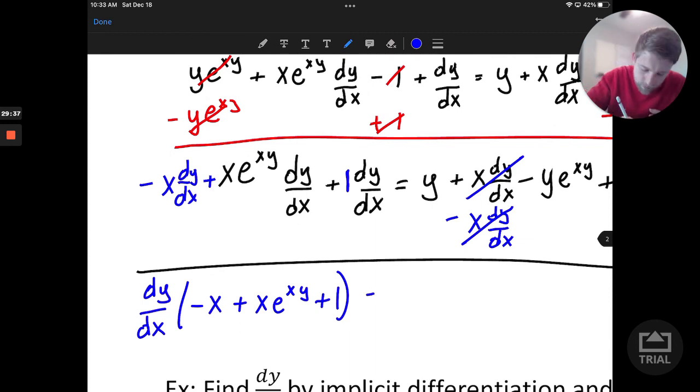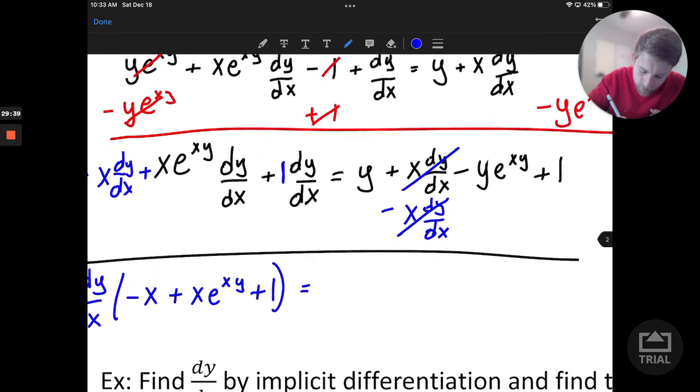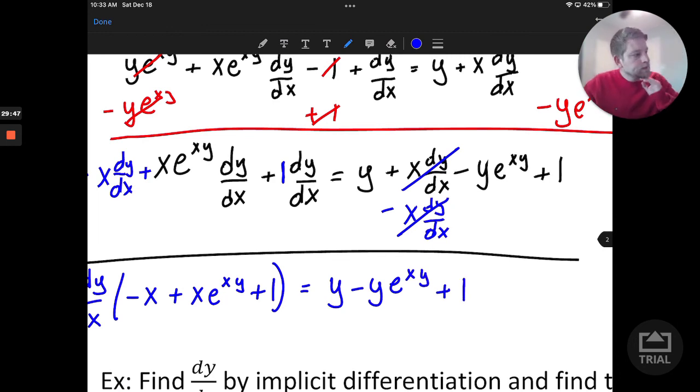This right side is just all the non-derivative terms. That will be a y, and then we'll have minus y e raised to the xy, and then another plus 1. So a couple terms look kind of similar here, but not quite the same.